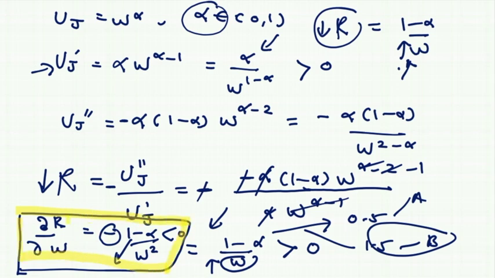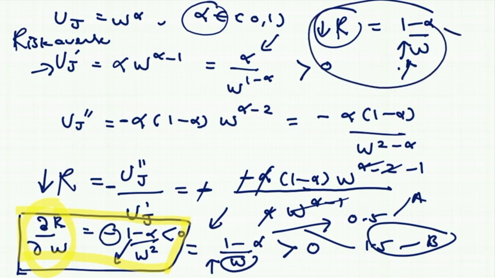This is the R prime, and it is negative, isn't it? You know that this person is a risk-averse person because based on the answer here, the R itself is positive.